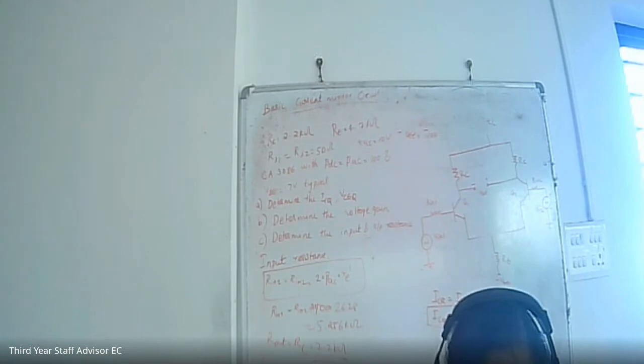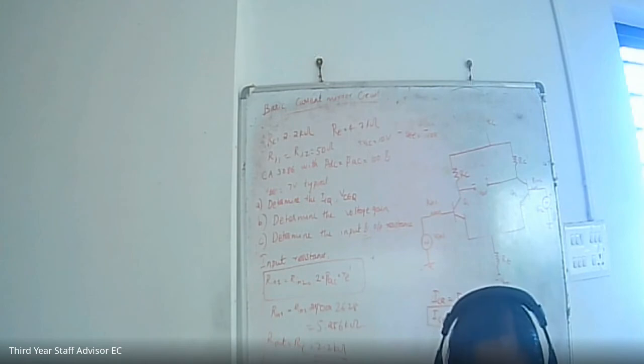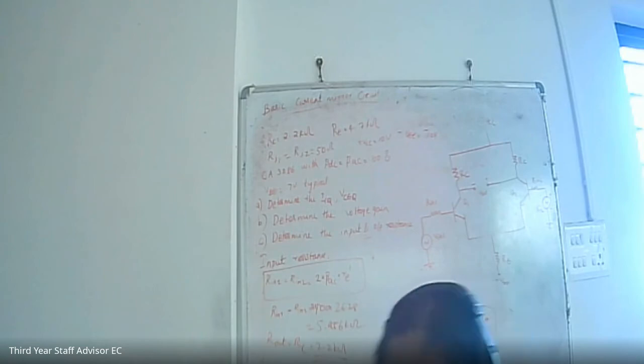Here VCC equal to plus 10 volt, minus VEE equal to minus 10 volt.